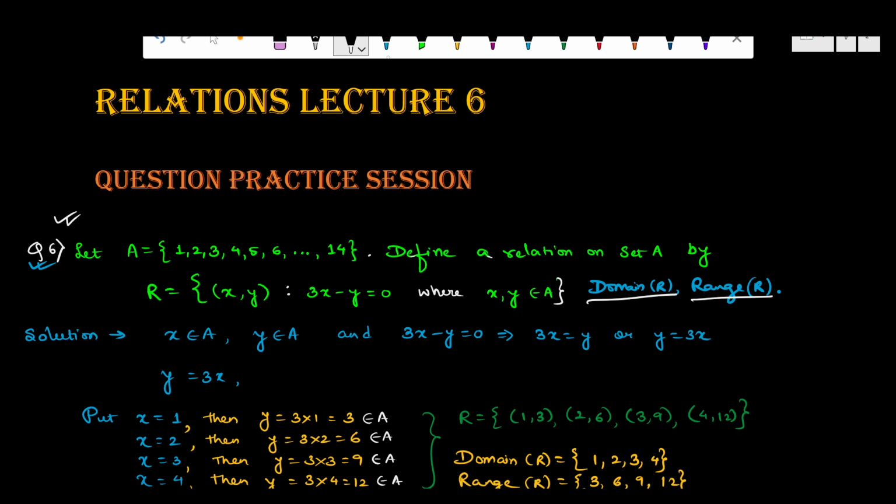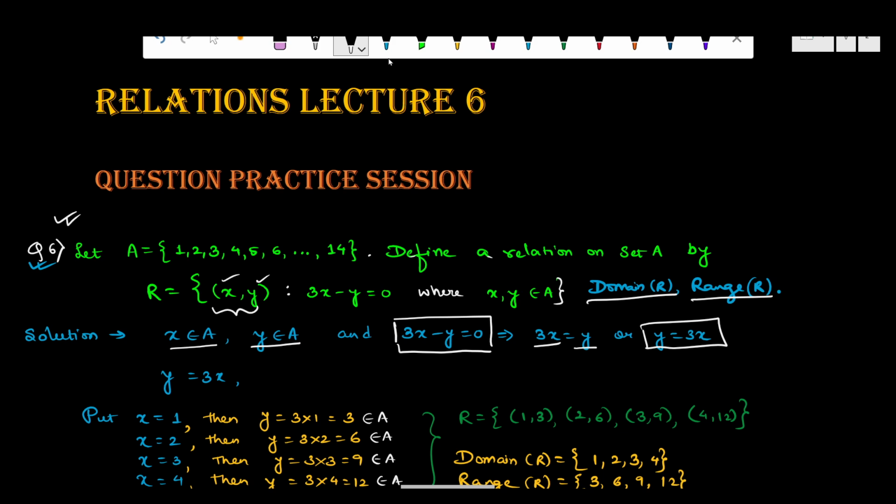Now see, in this ordered pair, x belongs to A and y belongs to A, and this condition must be satisfied by this ordered pair. So basically this condition means 3x equals to y or y equals to 3x.